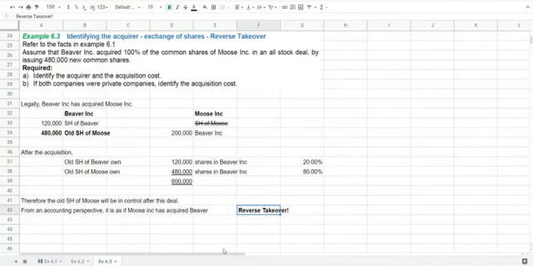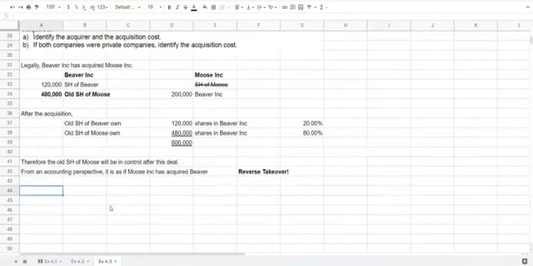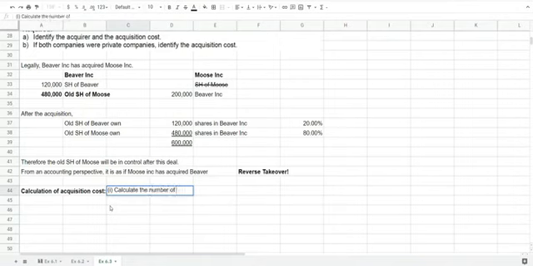Okay. So this is a unique situation here where you have a reverse takeover. Now, when you see there is a reverse takeover, to calculate the acquisition cost, you have to do it in two steps. Okay. When you calculate the acquisition cost, first thing you got to do is calculate the number of notional shares.